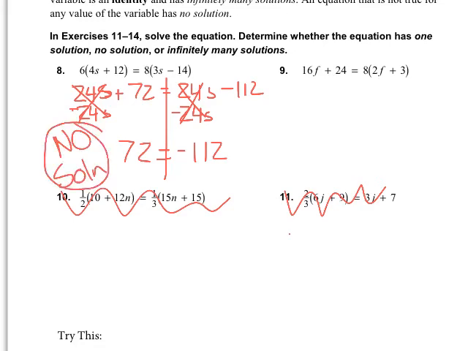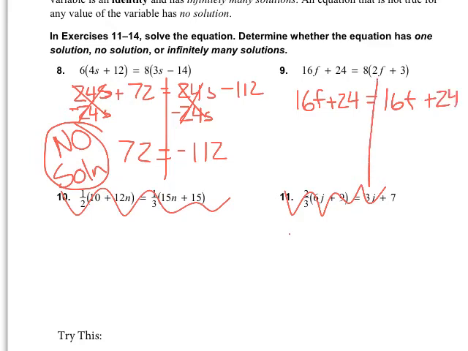Okay? So if it's not true, once the variables eliminate, that is no solution. Let's look at number 9. Is there anything we can do to simplify the left-hand side on number 9? No, there's not. So I leave the 16f plus 24 alone. On the other side, 8 times 2f is 16f. 8 times 3 is plus 24.